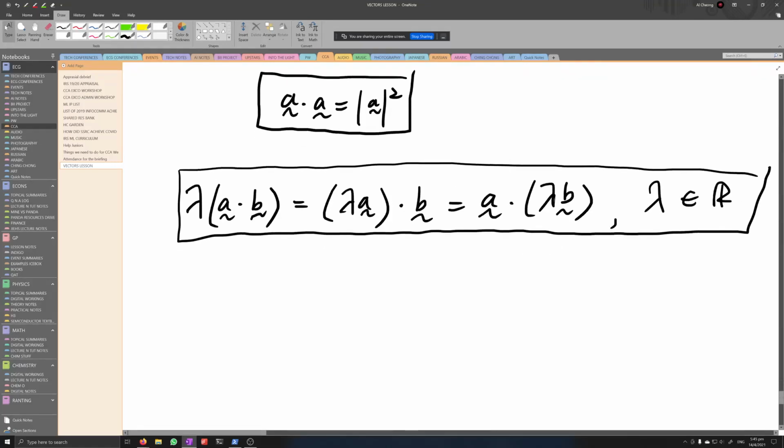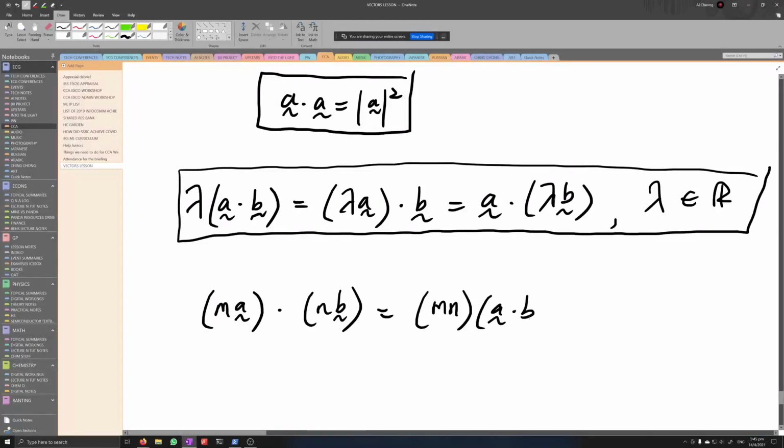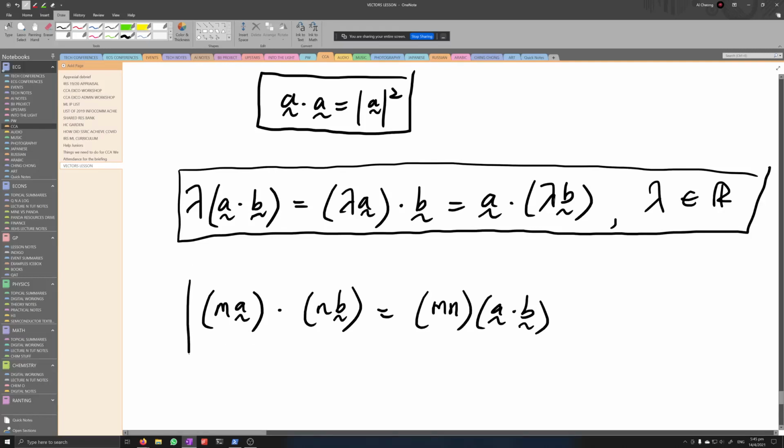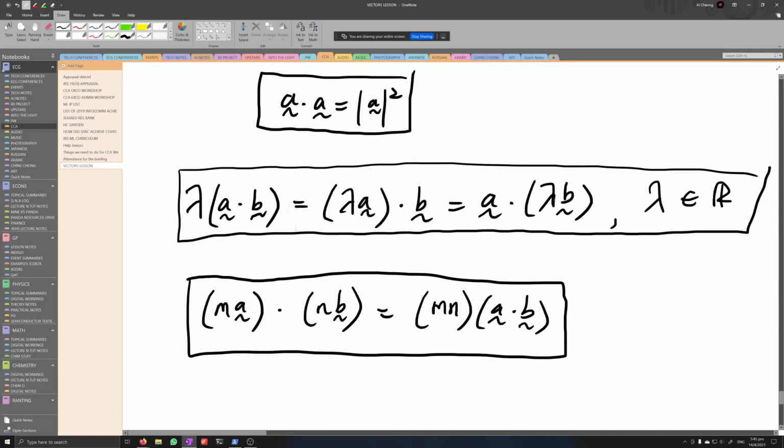Similarly, mA dot nB equals mn A dot B. All these can be derived from the original formula.